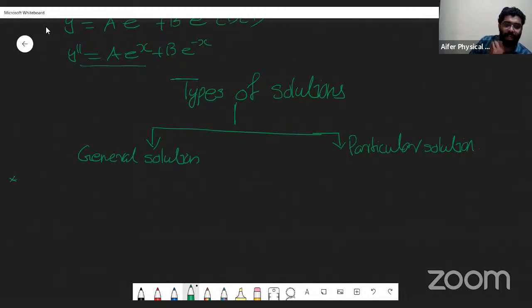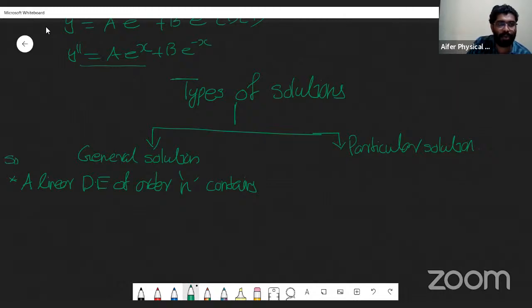In general, a linear differential equation of order n contains n arbitrary constants. The solution of a linear differential equation of order n contains n arbitrary constants.